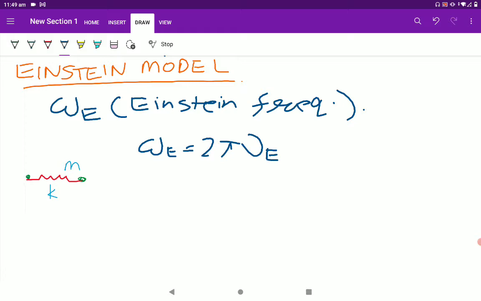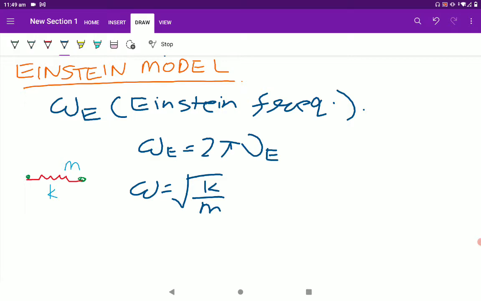So for a classical oscillator, we have mass M and spring constant K, and so what is the frequency of this oscillation? The frequency of this oscillation is given by omega equal to under root K by M.